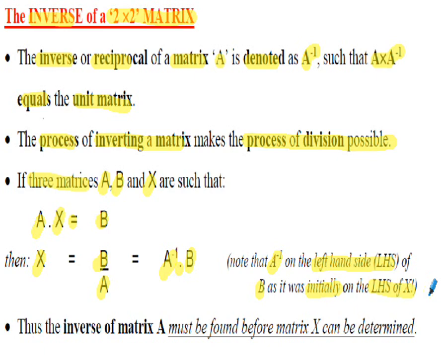In this case, as the A is in front of the X on the left-hand side of the equation, when we find the inverse on the right-hand side, the A to the negative 1 must be in front of the B. So the inverse of a matrix A must be found before matrix X can be determined. And how to calculate the inverse of a matrix is what we will now review on the following slides in this presentation.